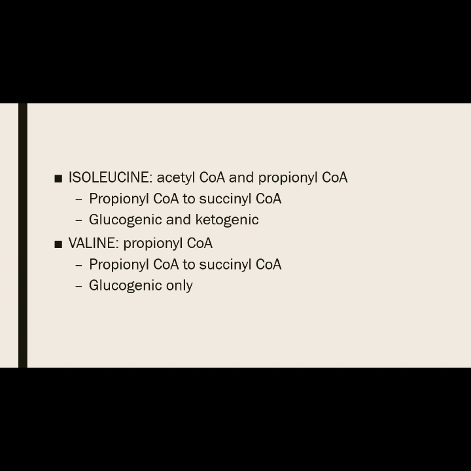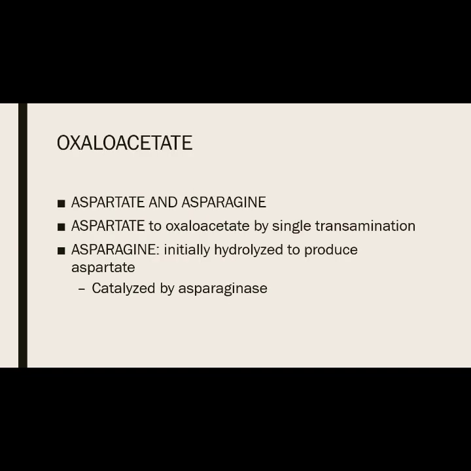Last, you have here your amino acids that form your oxaloacetate. And so with this, you have your aspartate and asparagine. For your aspartate, it is converted to oxaloacetate by a single transamination. Both your aspartate and asparagine are degraded to produce your oxaloacetate.